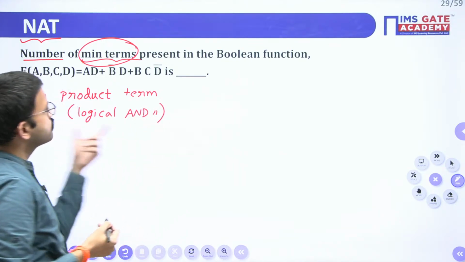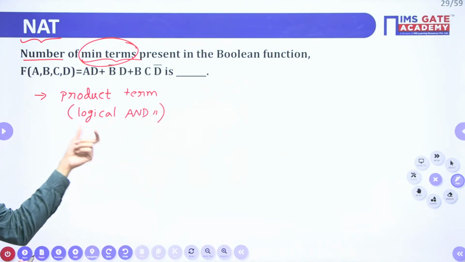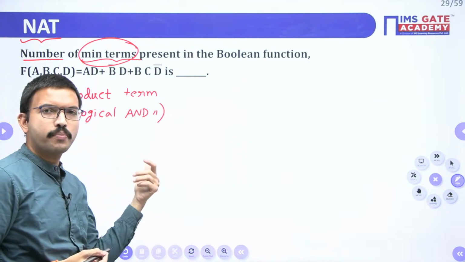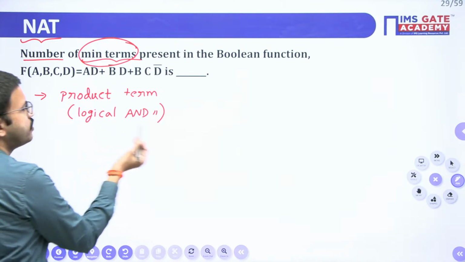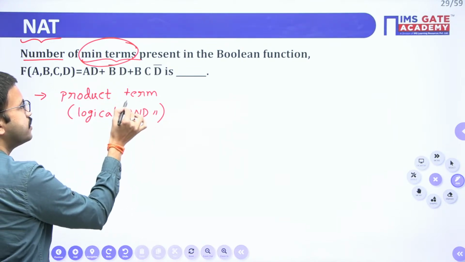When you are having two variables, the basic operators are logical AND or logical OR, right? So when you are performing logical AND, the resultant term is nothing but a product term.